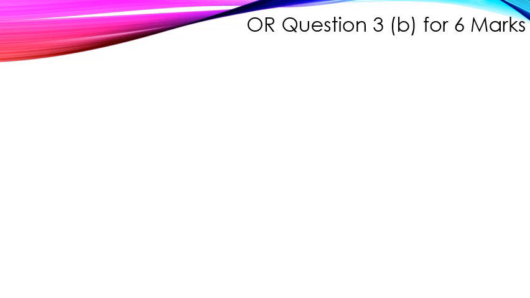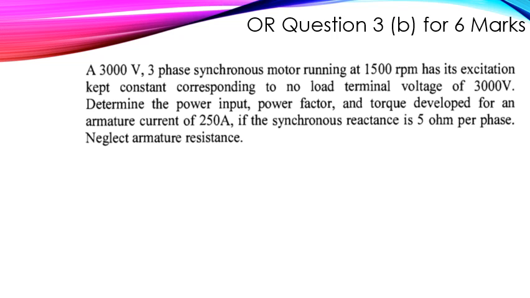Let's see the next question, question 3b, which is also for 6 marks. The question is: a 3000 volt 3-phase synchronous motor running at 1500 rpm has its excitation kept constant corresponding to no load terminal voltage of 3000 volt.